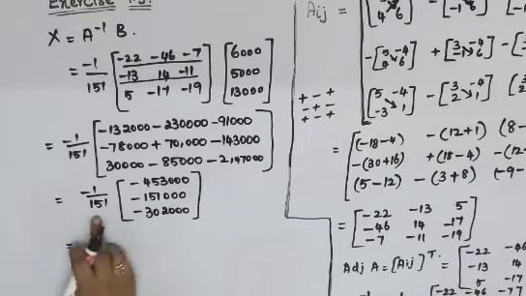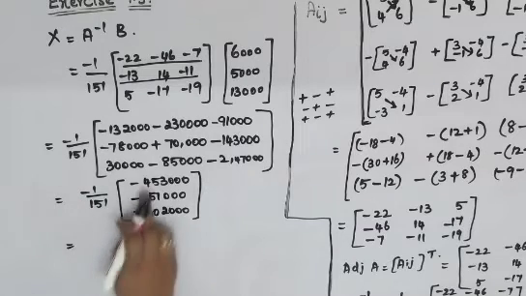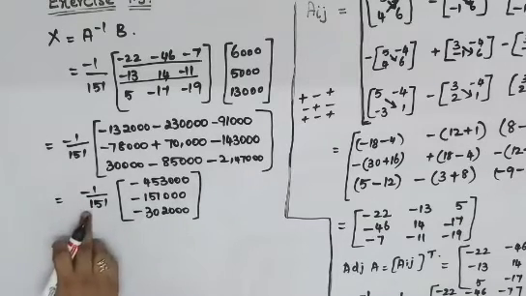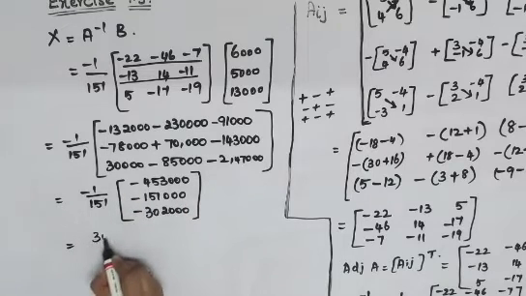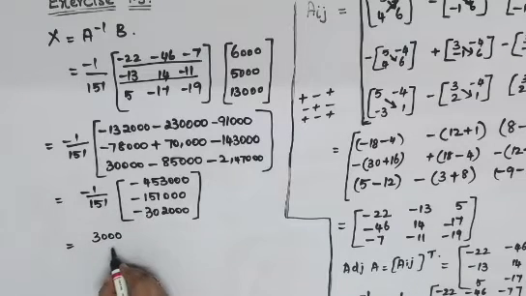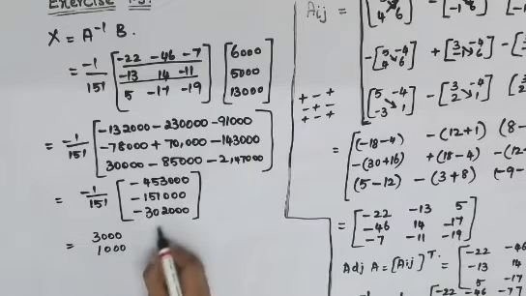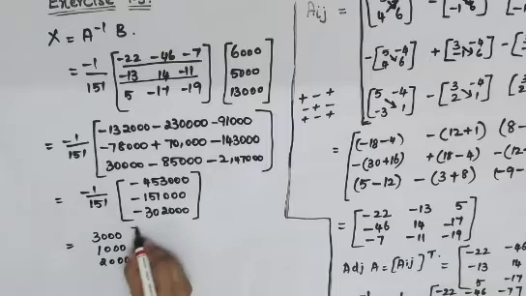Now you will have to divide each term by 151, and minus is also out. Minus into minus, each term will become plus. So 4,53,000 divided by 151, you will have 3,000. Then 1,51,000 divided by 151, you will have 1,000. Then 3,02,000 divided by 151, you will have 2,000. So each number you will have to divide by 151.